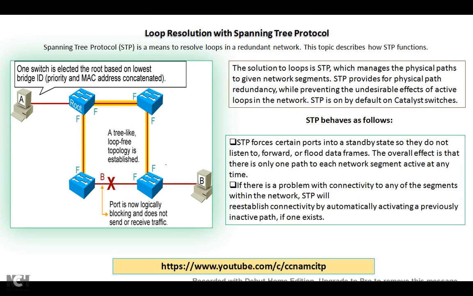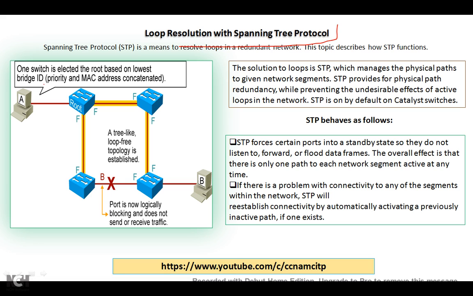So we will learn here. As you can see, loop resolution with spanning tree protocol. Spanning tree protocol is meant to resolve loops in a redundant network. This topic describes how STP functions, so we will understand here how it works.